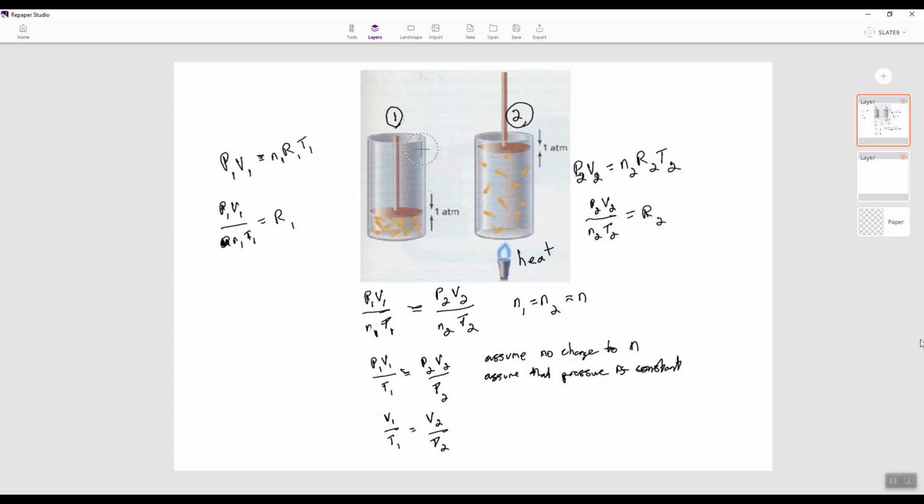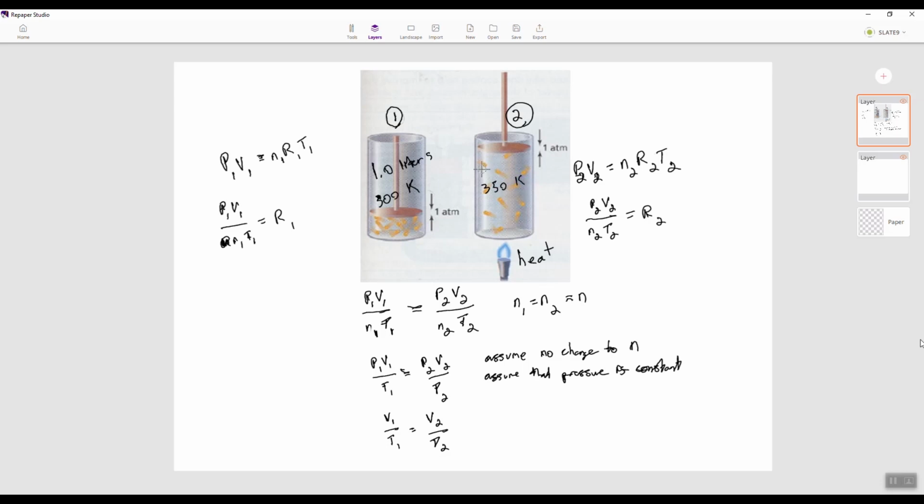So if, for example, the original volume in container 1, maybe the volume over here was originally, let's say, 1.0 liters, and maybe the temperature in this scenario was originally, let's say it was 300 Kelvin. And now in our new scenario, let's say that we've heated this all the way up to 350 Kelvin.